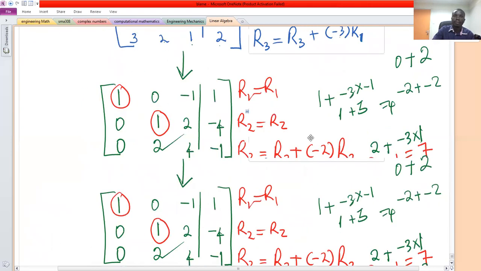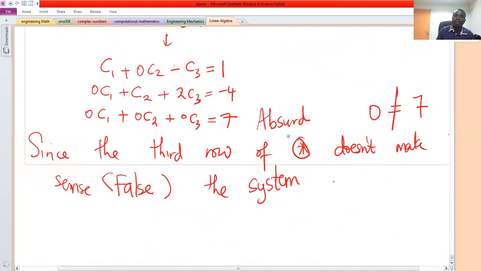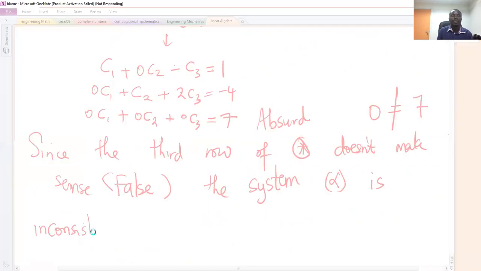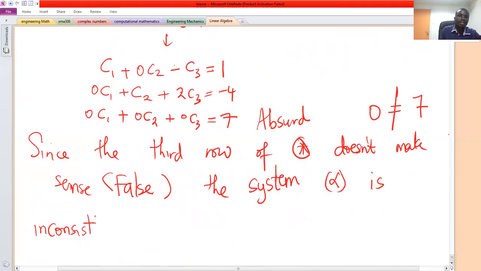The system alpha is inconsistent. When you say inconsistent, it means that the system doesn't have a solution.